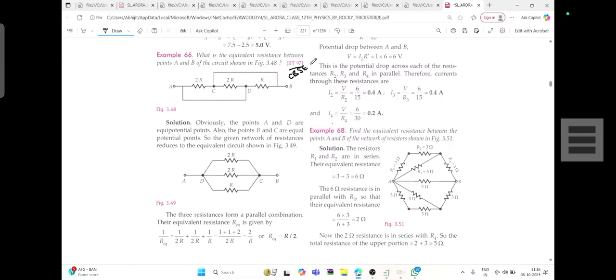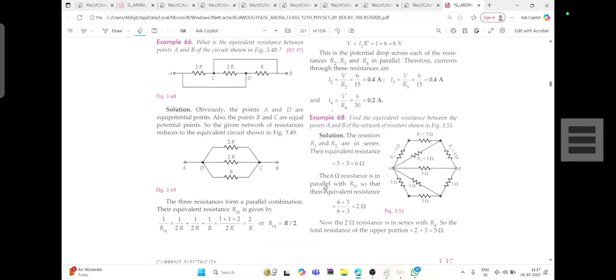Do you understand? Okay. Right now the equivalent resistance comes out to R by 2.